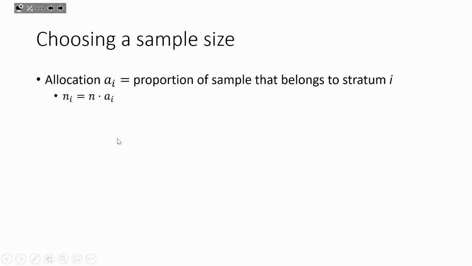So in other words, n sub i, the number of observations in our sample that are from stratum i, is equal to our total sample size little n times the allocation A sub i.